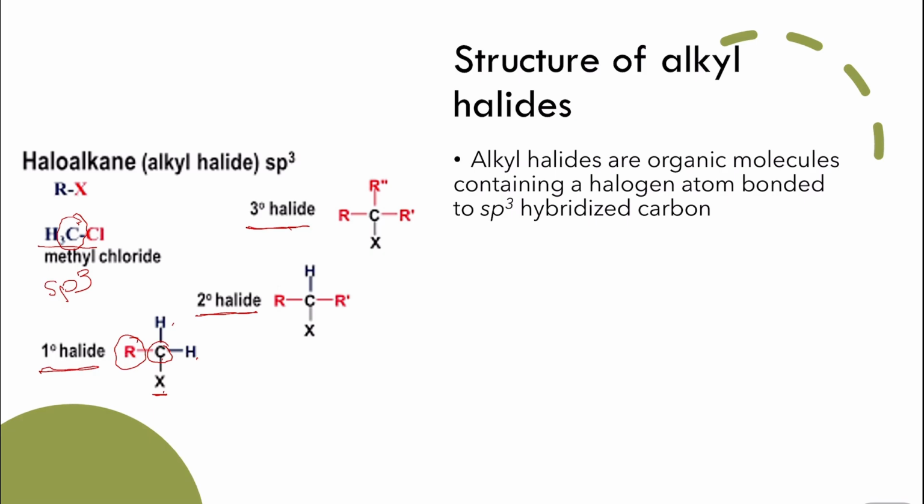Secondary alkyl halides are when the carbon attached to the halide has only one hydrogen, but has two different R groups. The R here means any group that starts with carbon, so it can be alkyl, aryl, or anything. Tertiary alkyl halides: the carbon directly attached to the halide does not bond to any hydrogens, but it is attached to three other groups, which could be different or the same.